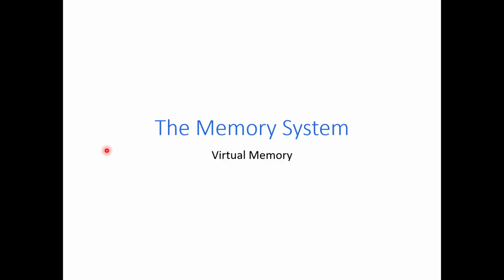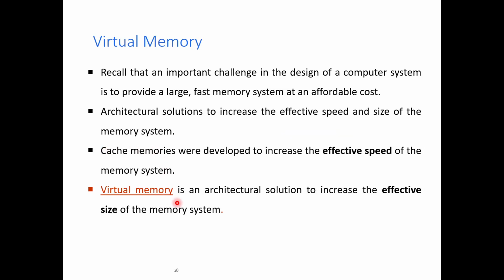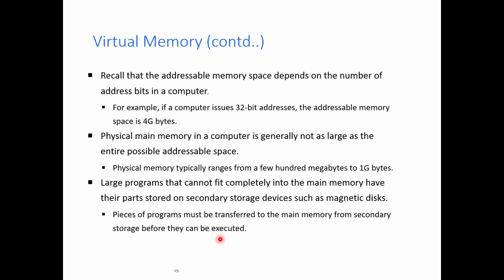Then the virtual memory system. The virtual memory system is for increasing the effective size of the memory system, where we cannot load the program in the main memory. When main memory is small compared to the program size, you can go for the virtual memory concept. So cache memory is for increasing the speed of computation, and virtual memory is for the effective size of the memory system.